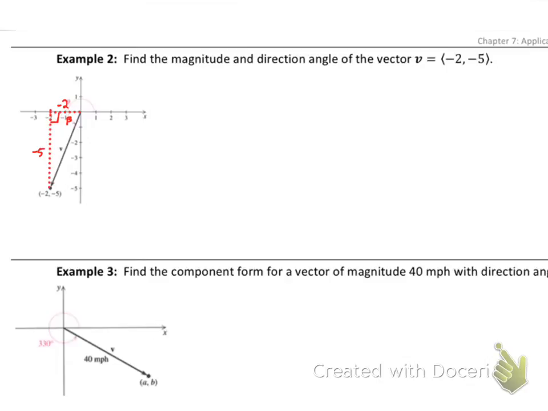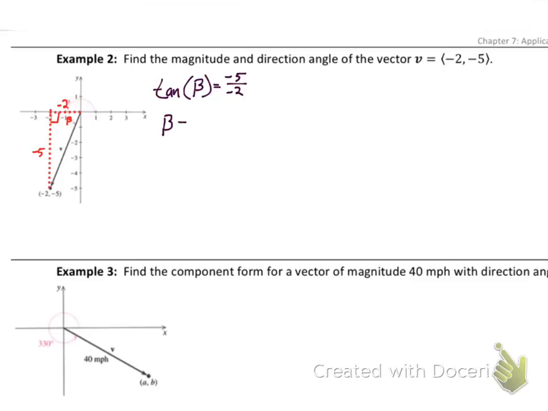All right, I have a right triangle, which means I'm going to use trig. I have opposite over adjacent, which means I'm going to use tangent. So we're going to say the tangent of our angle is going to equal opposite, which is -5, over adjacent, which is -2. I don't care what tangent equals. I want to know what beta equals.